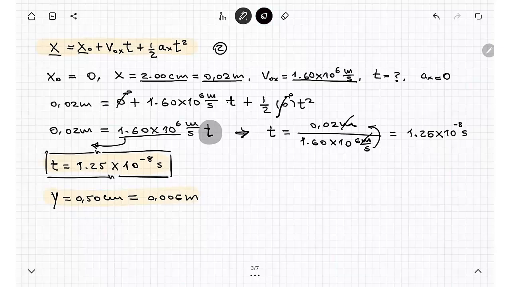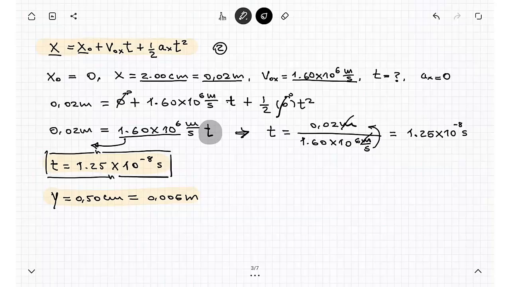Okay guys, now we need to take into consideration the y component of the motion of the electron in this problem.